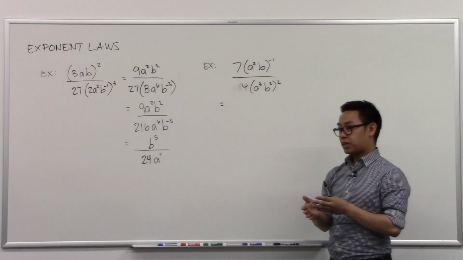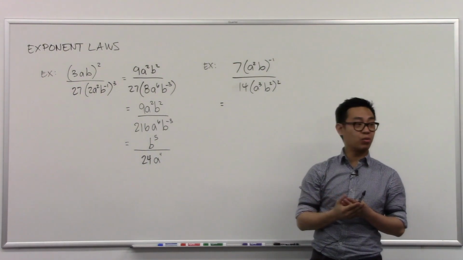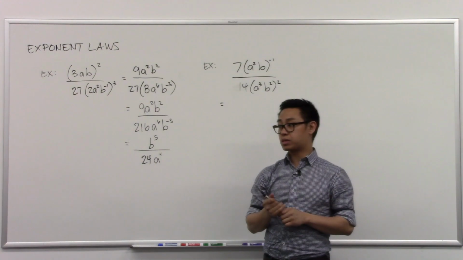Now we're combining law of products and quotients, and we're combining it with negative exponents.